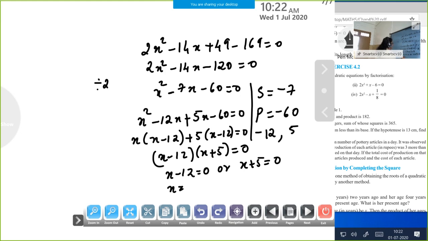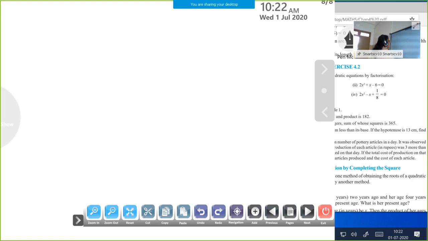That is x is equal to 12 and x is equal to minus 5. The length of the side of a triangle being negative is not possible.